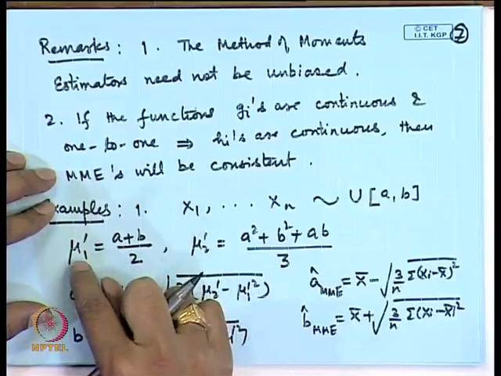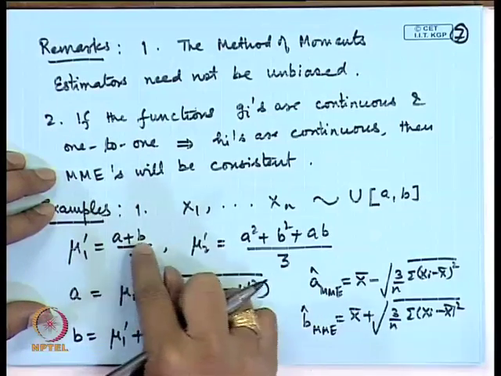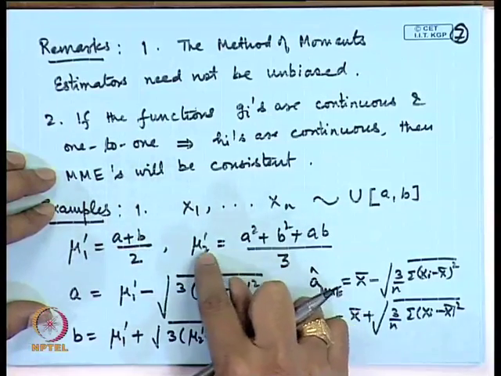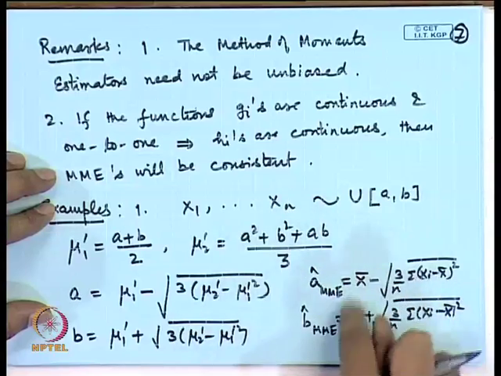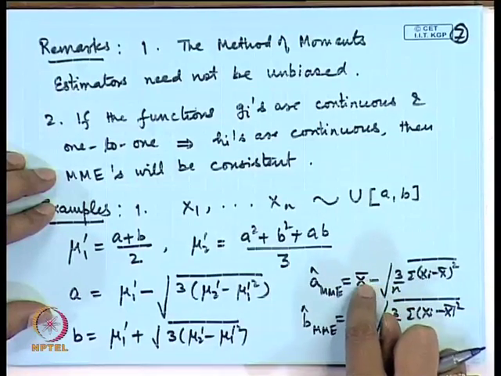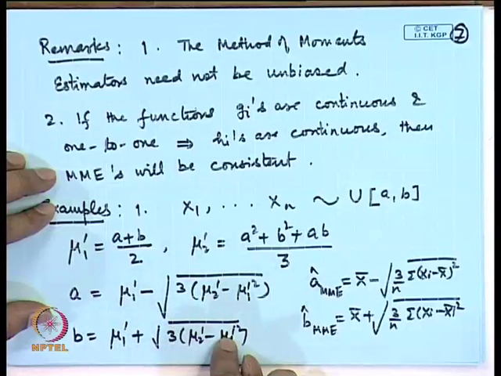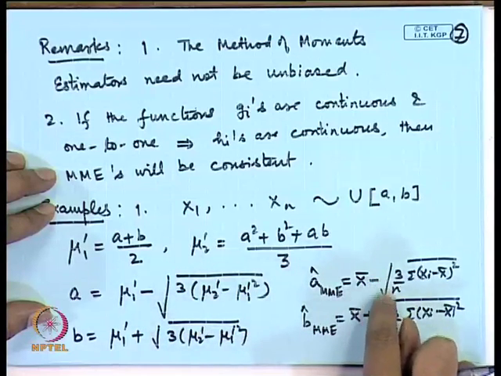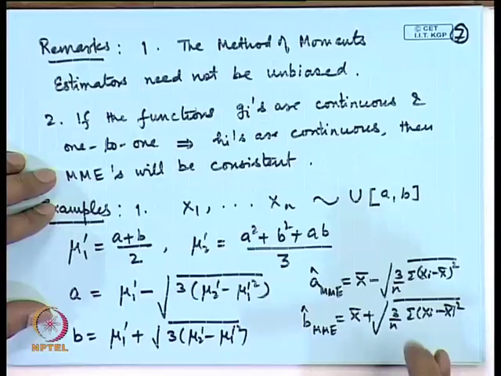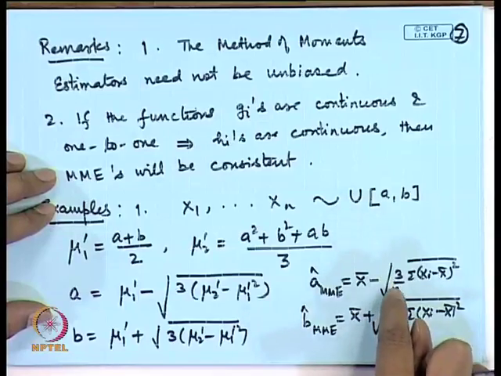Now, the reason for that is that alpha 1 is consistent for mu 1 prime and alpha 2 is consistent for this, and this is a continuous function here, and the inverse functions that we have considered are continuous. Therefore, this will be consistent. However, they are not unbiased here.